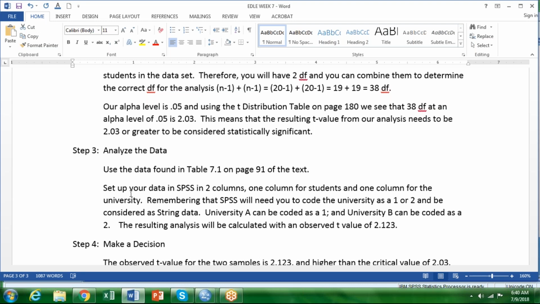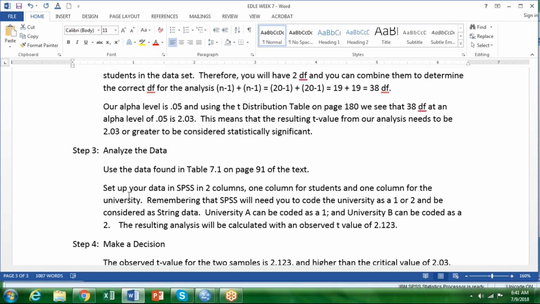So you can copy that data into SPSS and create your own data file. And you'll notice how this data file is a little bit different, because if you're looking at page 91, it gives you a student number, and the numbers are 1 through 40. The universities are listed as university A and then university B, and then each student has a score. And of course, you know that SPSS wouldn't be able to use A or B, so you'll have to change them.